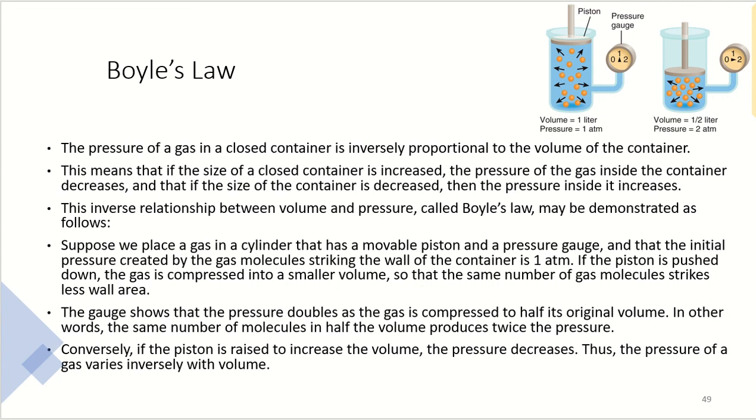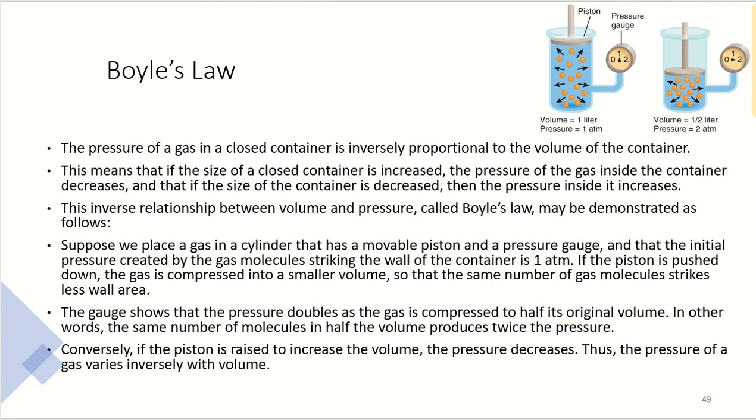This basically means that if the size of a closed container is increased, the pressure of the gas that's inside the container is going to decrease, and vice versa. If the size of our container is decreased, then the pressure inside it is going to be increased. So this inverse relationship between pressure and volume is called Boyle's law, and we can demonstrate it like following.